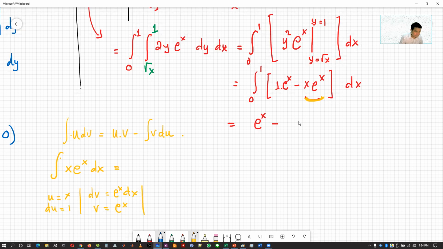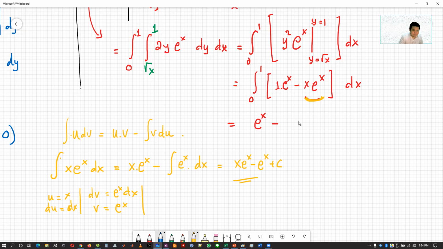So u is x, v is e^x, minus integral of v du, v is actually e^x, du is dx. So what do we have here? x e^x minus e^x plus c.